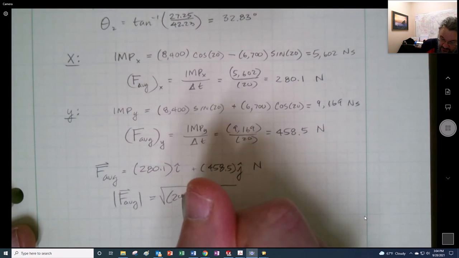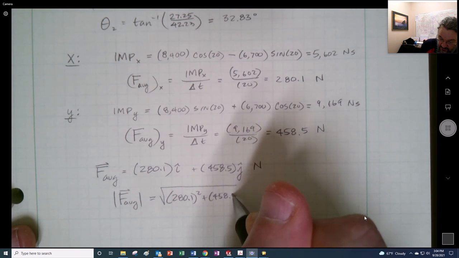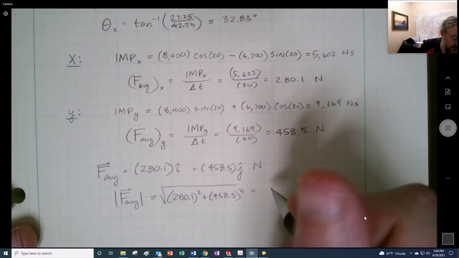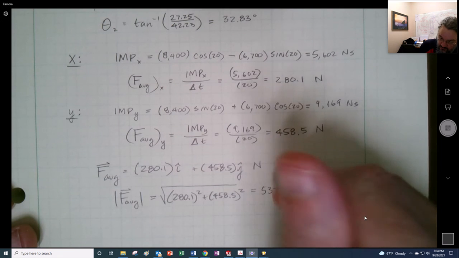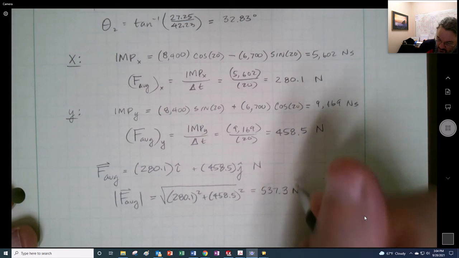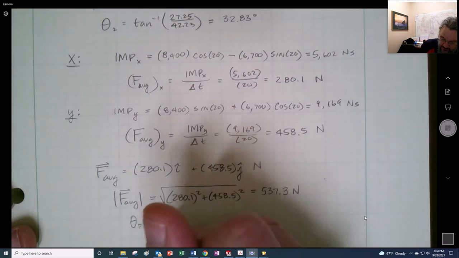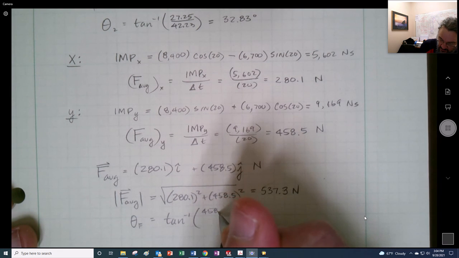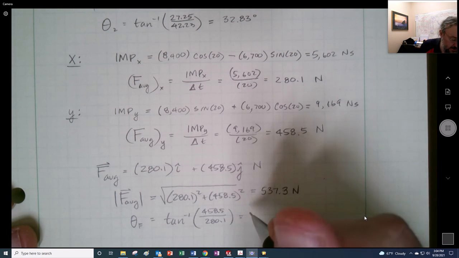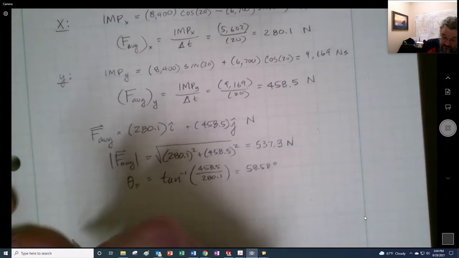So 280.1 squared plus 458.5 squared, and I believe I get 537.3 newtons, with a, I'm just going to call this theta F, inverse tangent of 458.5 over 280.1, and you will get 58.58 degrees. So we're done.